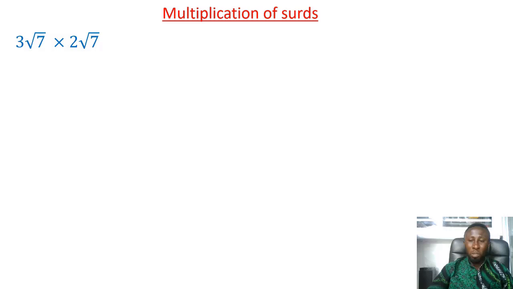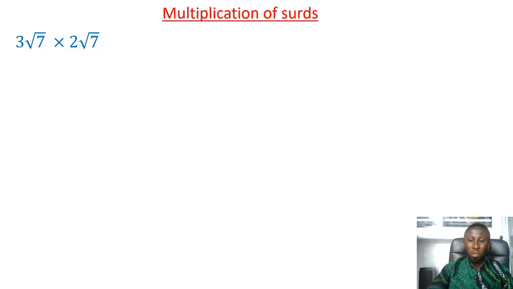So the same idea applies here. We will multiply the ones outside the root, then we multiply the roots separately, then we multiply all together. So 3 times 2 times root 7 times root 7.